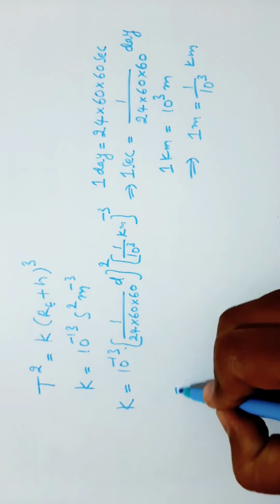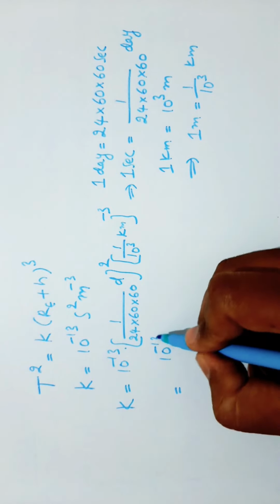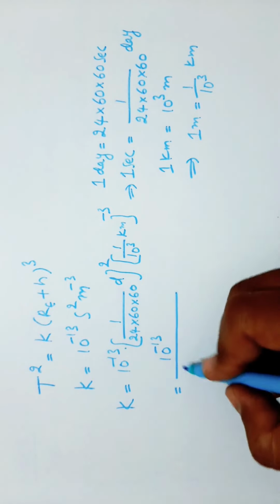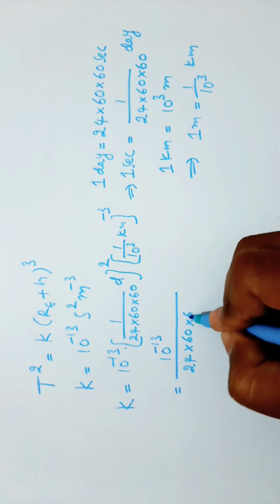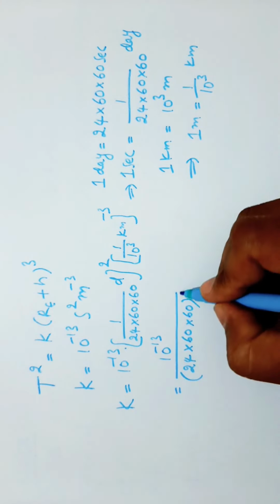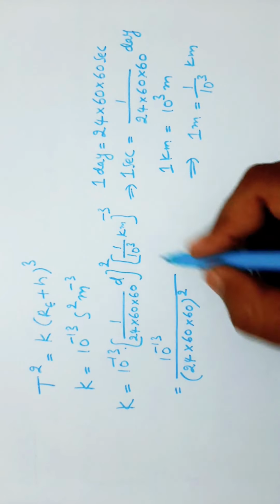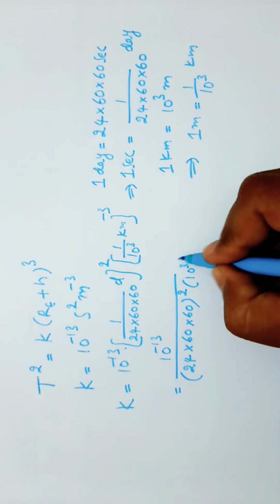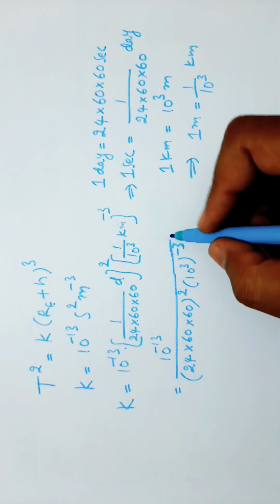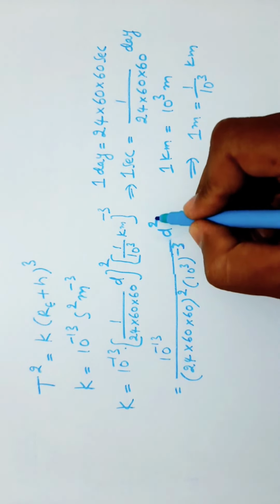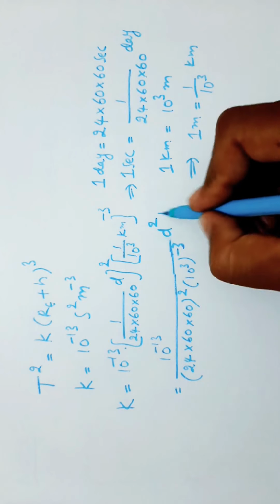So that is 10 to the power of minus 13 by here 24 into 60 into 60 whole square, and this 10 cube whole to the power of minus 3. Here it is day square per kilometer cube.